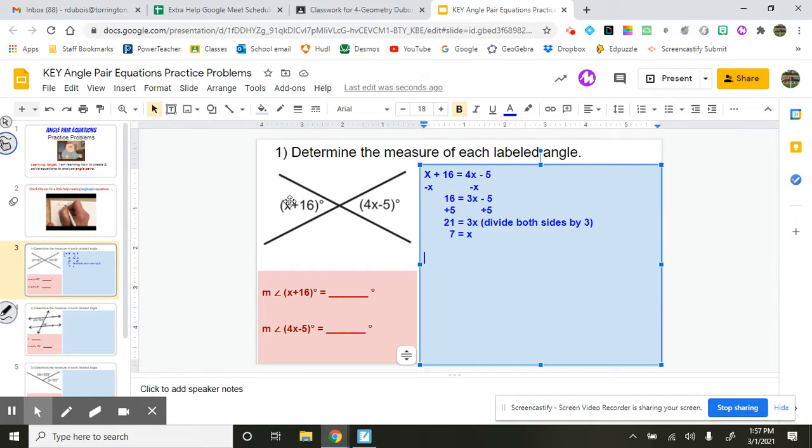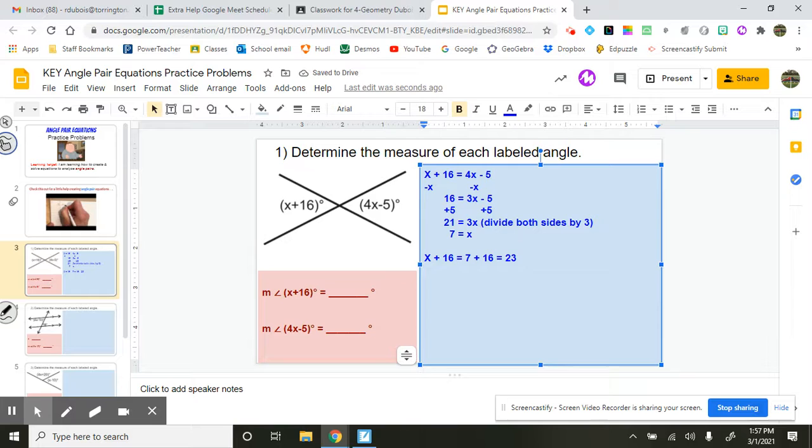And now that we know what x is, we can substitute that value into each expression to figure out the angles. So the angle on the left was some unknown number x plus 16. Well, it's no longer unknown. It's 7 plus 16, which is 23 degrees.